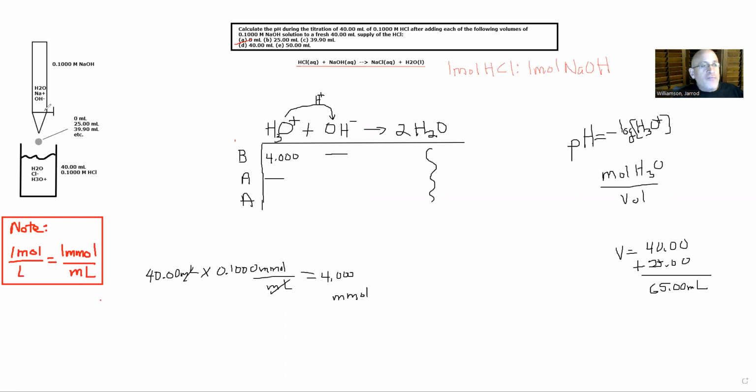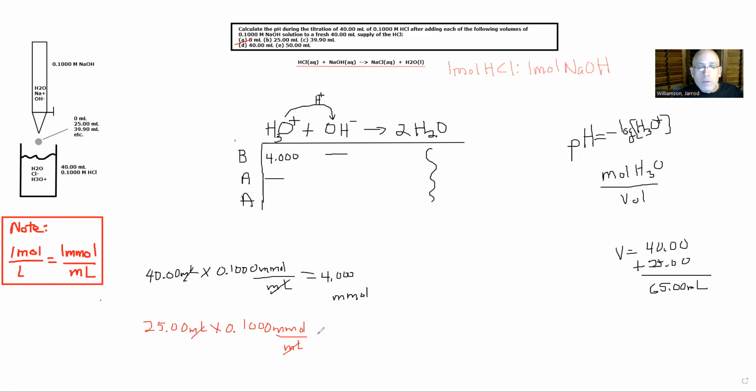Once I drip in 25 milliliters of sodium hydroxide, I can calculate how much hydroxide ion I've dripped in there. I'll calculate that now. I've dripped in 25 mL, and that is 0.1 molarity sodium hydroxide, which means 0.1 molar hydroxide, which is the same thing as 0.1 millimoles per milliliter.